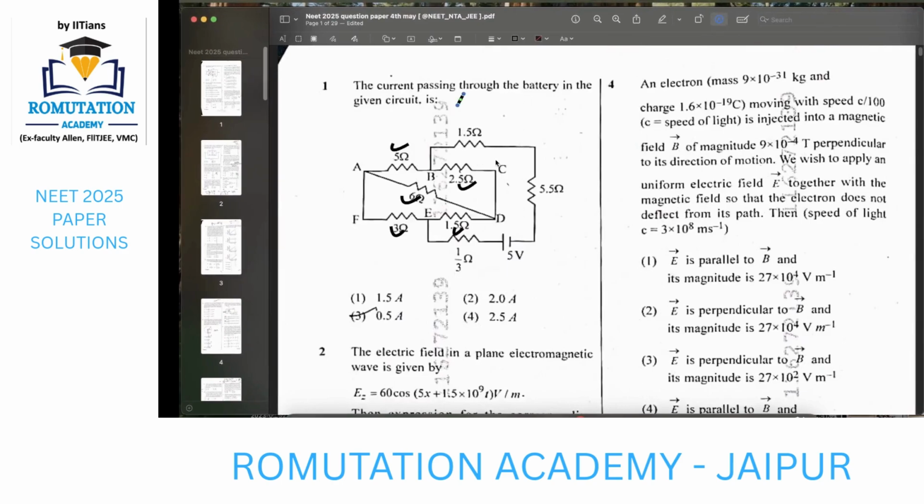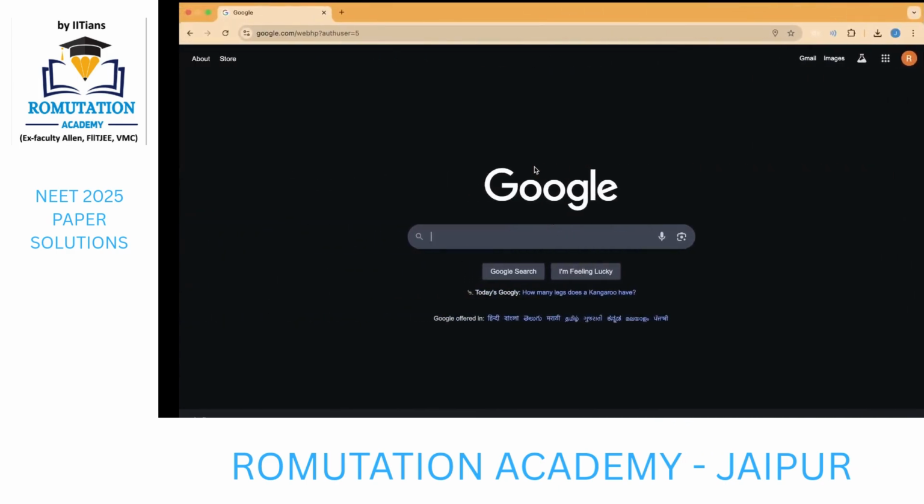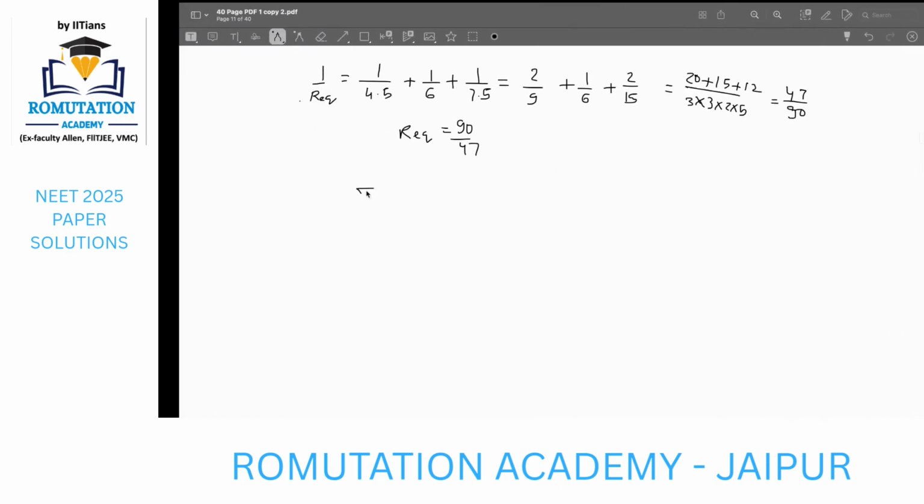Now let's get back to the question and see what the remaining things are. We can see that 1 by 3, this 1.5 and 5.5 are there in series with this. So the overall total resistance for this case will look like 1.5 plus 5.5 plus 1 by 3 plus 90 by 47, right?